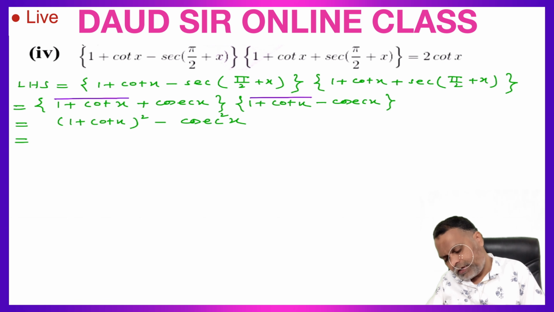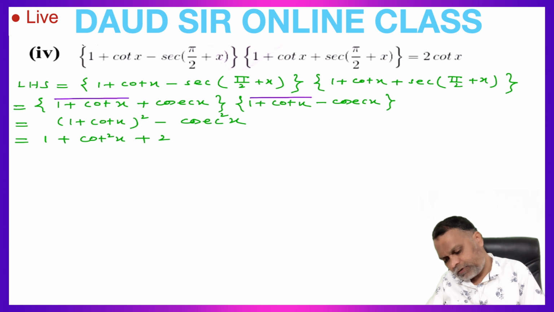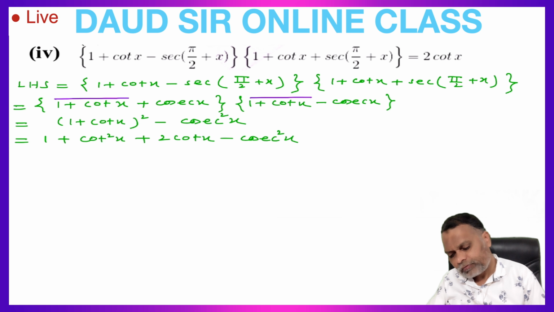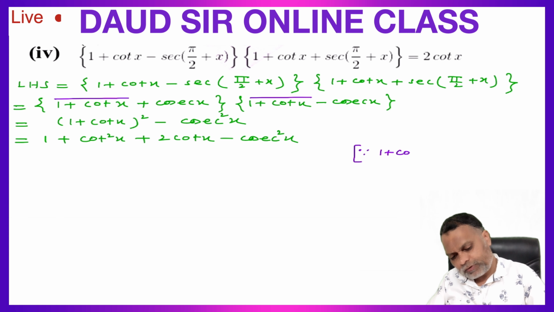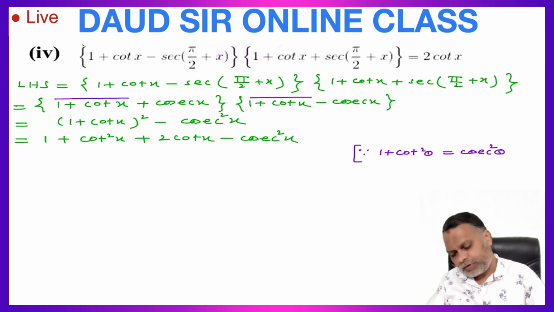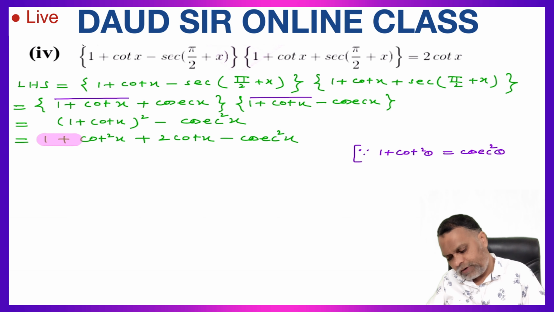Simplify this. Open this by using the identity (a plus b) whole square, a square plus b square plus 2ab, so 2 cot x minus cosec square x. We have the identity 1 plus cot square theta is equal to cosec square theta.